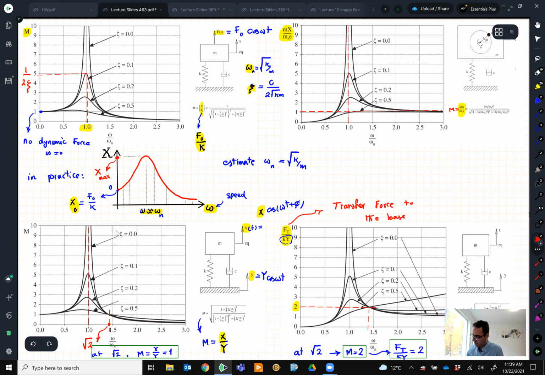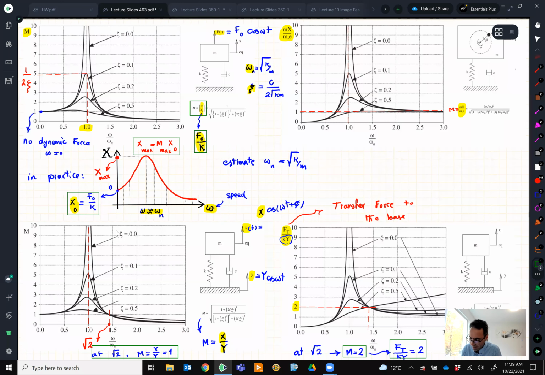Okay, so I'm going to write it down here on the top. We know X max is equal to M max multiplied by X0. Do you agree? Remember our definition of M? M over here was X over X0, and X0 was F0 divided by K. We have it over here. So X max is equal to M max X0.